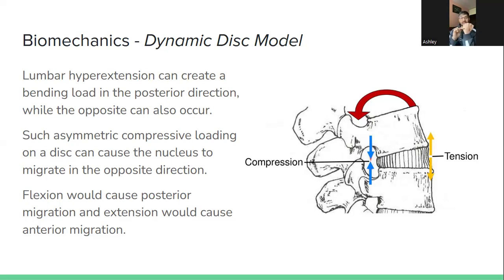Meaning it's behind but on this side or that side. Mostly speaking, it happens behind. It protrudes behind and laterally, to the side, not in the center. This is called posterolateral. That is the more common protrusion of the nucleus pulposus.